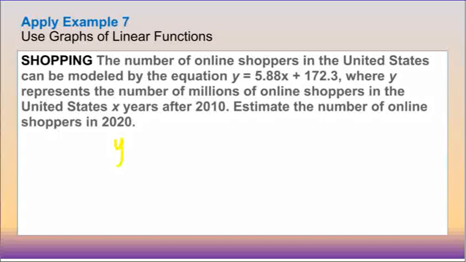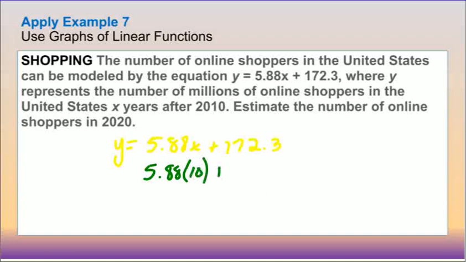So I'm going to start off with my equation. X is the number of years after 2010. So if we're looking at 2020, that is 10 years after 2010. So I would have 5.88 times 10 plus 172.3, and that would give us our y.